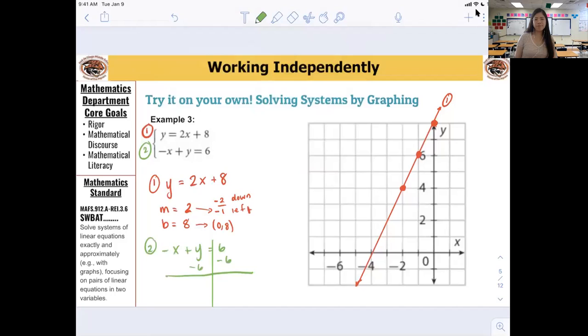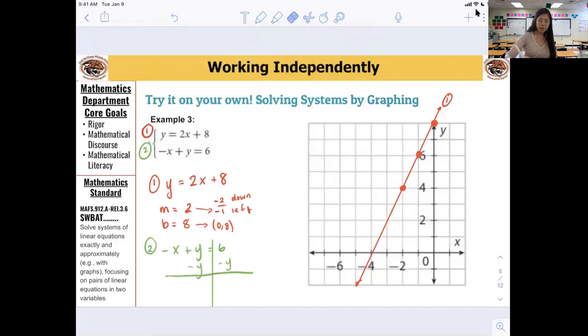I heard subtract y or add x. Now, subtracting y, again, is that going to help me get y by itself, or is that just going to keep adding things to the wrong side? Keep adding things. Add it.